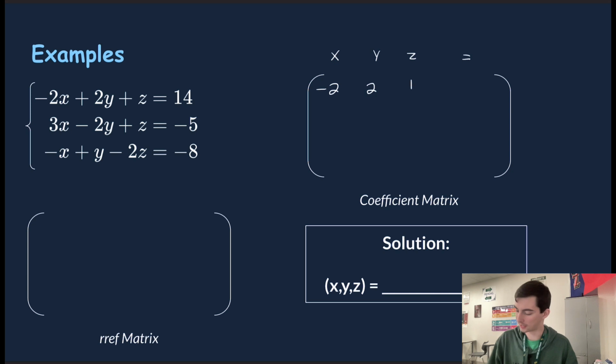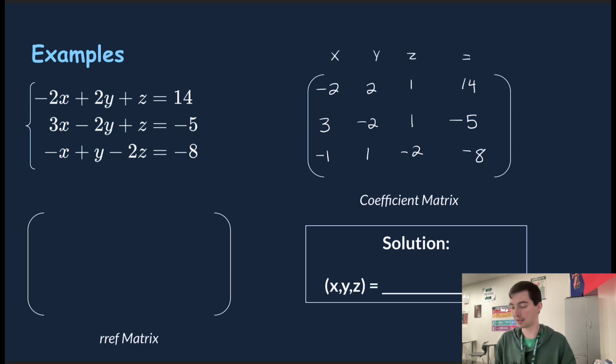We have 1z, and it's equal to 14. So just the numbers straight across. Then we've got 3x, minus 2y's, 1z, and negative 5. Then we have negative 1x, 1y, negative 2z, equal to negative 8. And so now I've got my coefficient matrix.